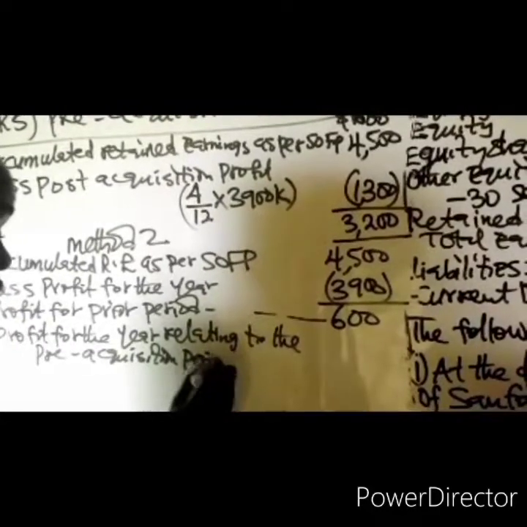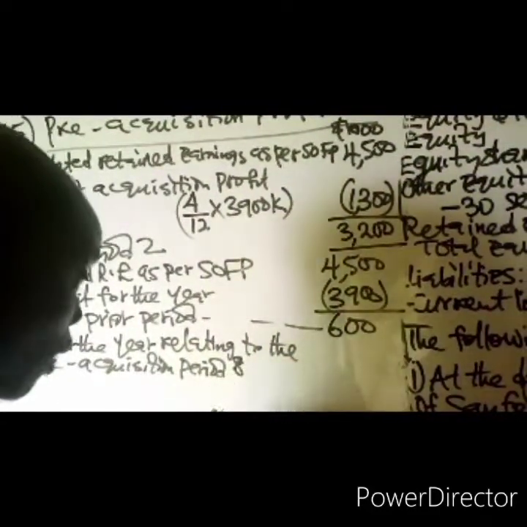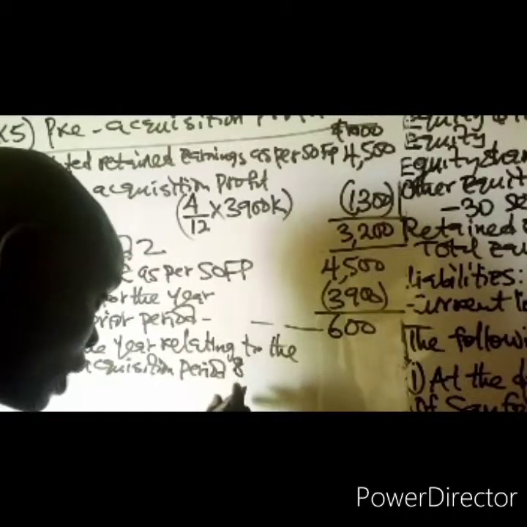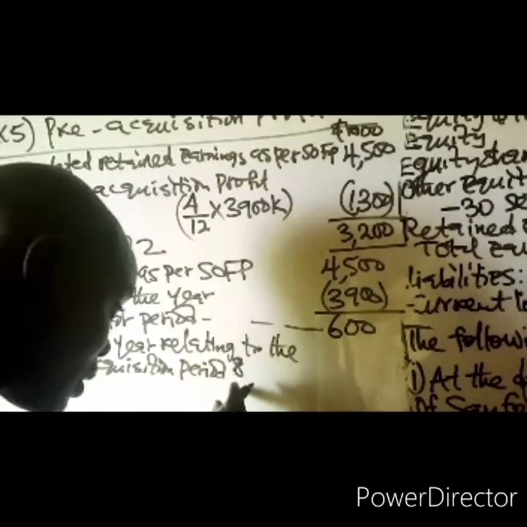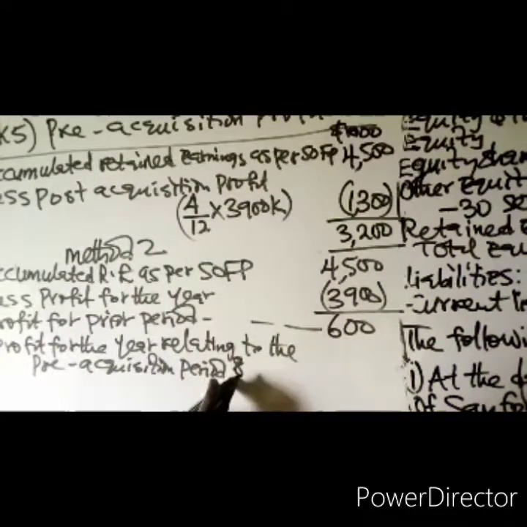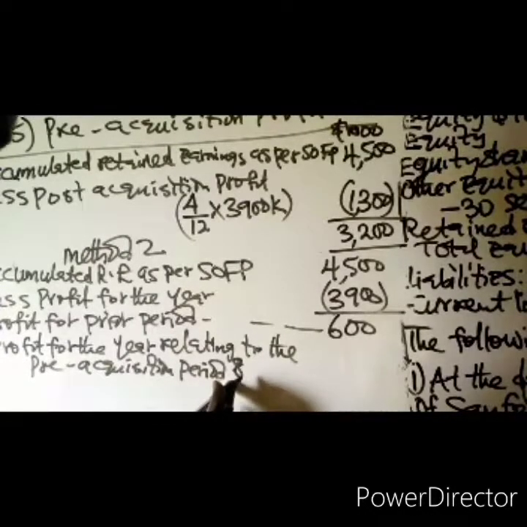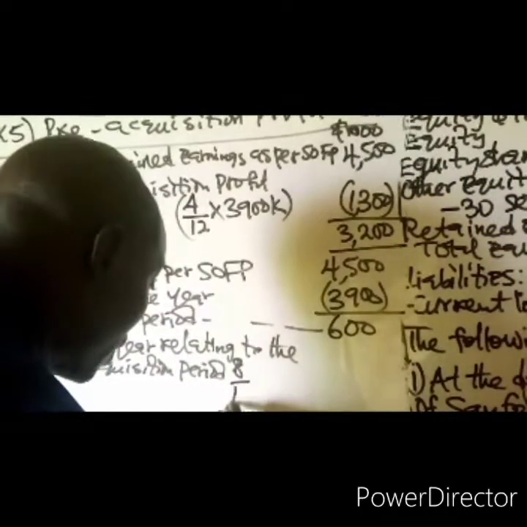From 12 months, you subtract post of 4, then you'll be left with 8 months.